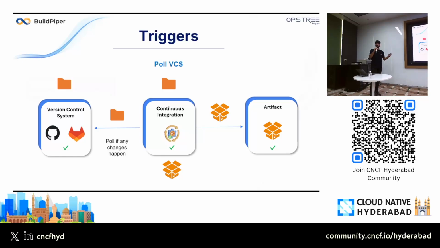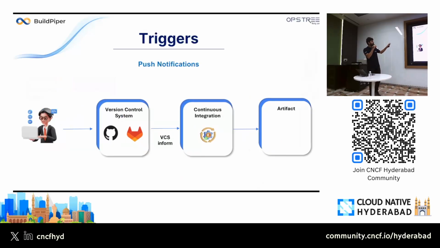The problem with this is that there are too many calls going to the version control system, and it does occupy some amount of compute as well. So fairly recently we have started with the push-based mechanism, where we write webhook events.